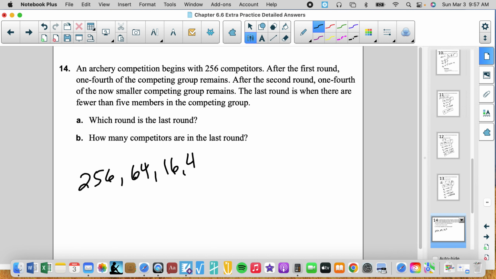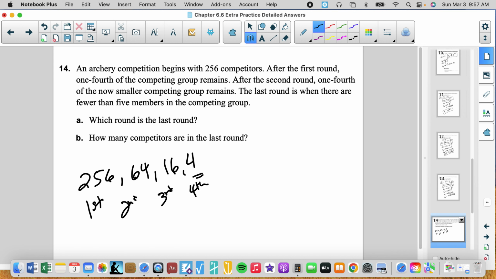We get 16. Divide by 4. And the last round is when there are fewer than 5 members. So first round, second round, third round, fourth round. So which round is the last round?